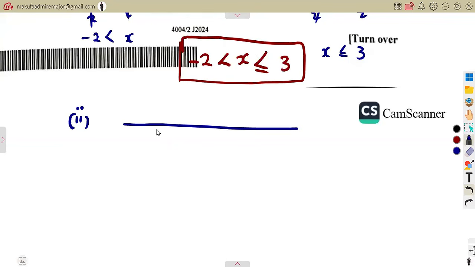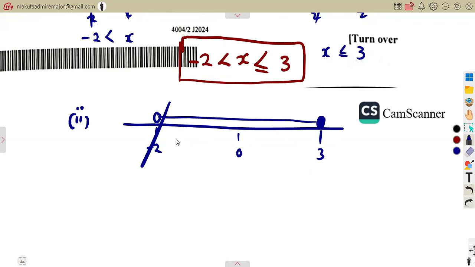Minus 2 is not part of our solution. If you were to represent it on a number line, minus 2 is not part of it, we do not want it. We want integers minus 1, 0, 1, 2, and so on. X is bigger than minus 2, so you do not take the minus 2.